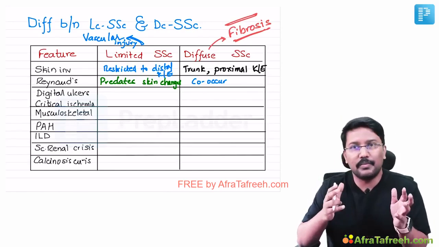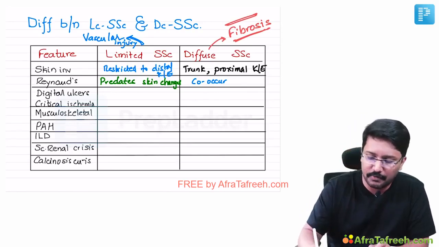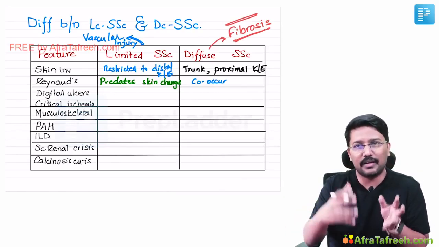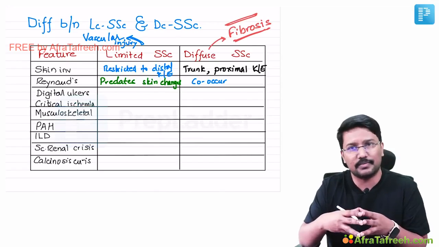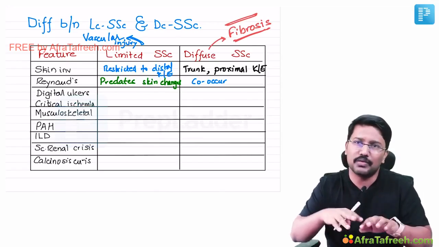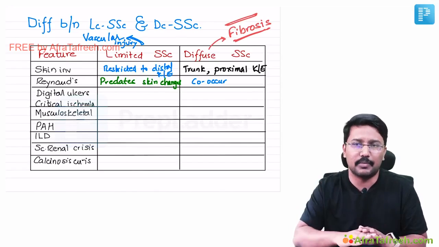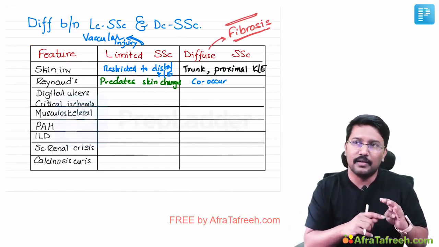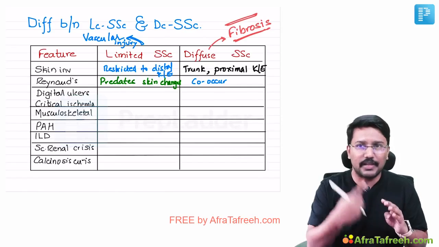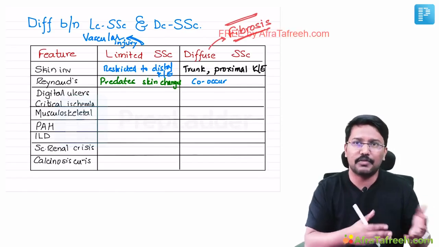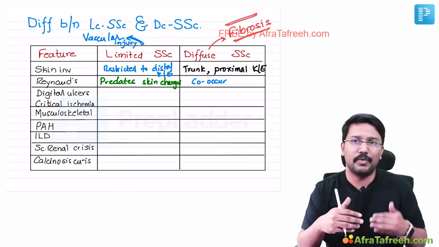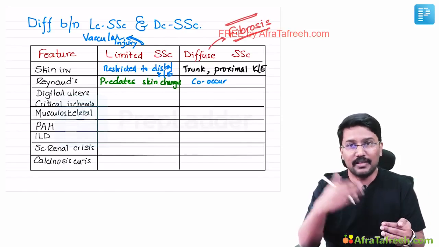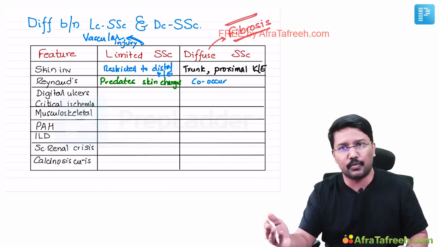So because both of them are occurring together in patients with diffuse cutaneous, they may present quite early in the course of the illness when they start noticing skin changes, because Raynaud's phenomenon is also occurring simultaneously. In case of limited, because Raynaud's phenomenon occurs early, the digits are suffering the vascular injury. Raynaud's phenomenon is an outcome of the vascular injury, right? So they may suffer vascular injury, and then they start noticing the skin changes, and then they report, right?